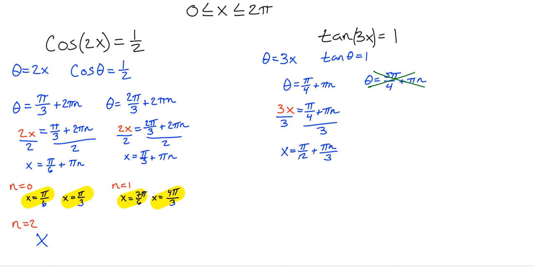We want to make sure that we account for all possible values that are within 0 to 2 pi. So we're going to start plugging in values of n, and we'll work our way through. Let's start with n is equal to 0. If n is equal to 0, then this here gets canceled out, and we end up with just x is equal to pi over 12. That's an easy one.